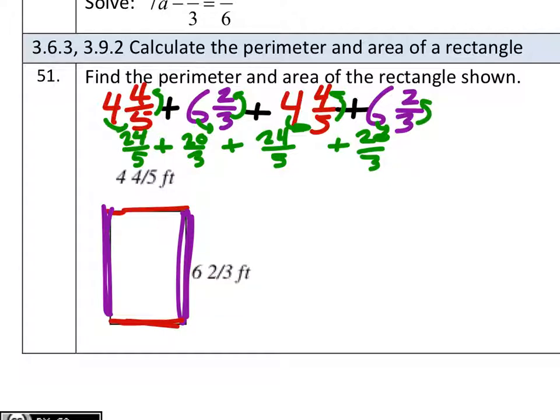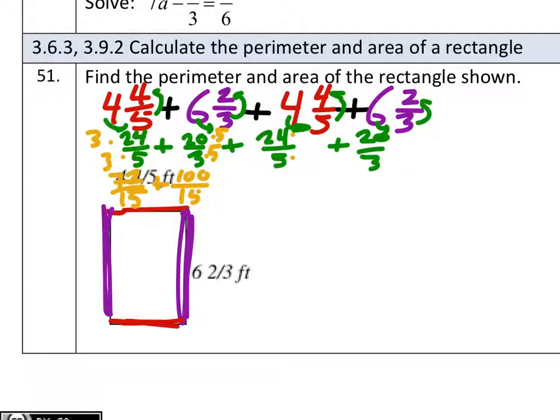Well, I've got denominators of 3 and 5, so I'm going to use a common denominator of 15 so I can combine these. So this first fraction here, 24/5, I'm going to need to multiply these two by 3. So 72 fifteenths right there. And then this one, I'm going to have to multiply these two by 5. So that's plus 100 fifteenths.